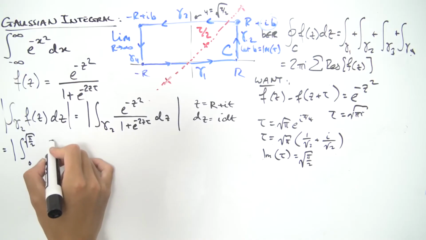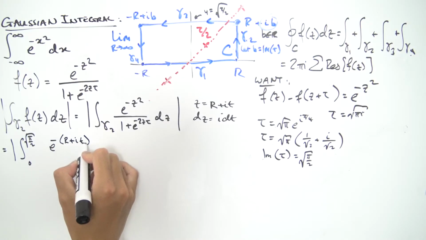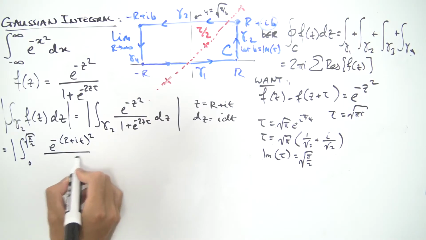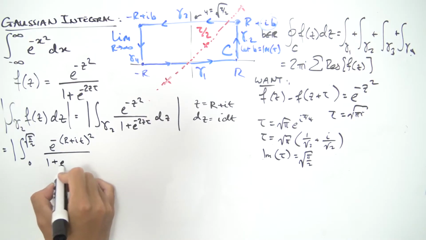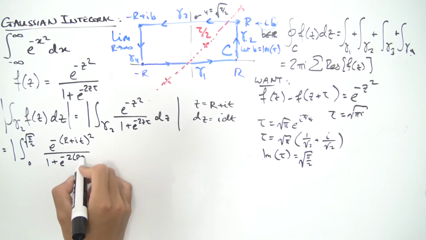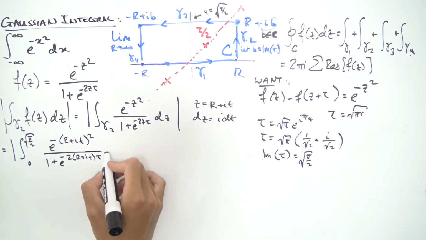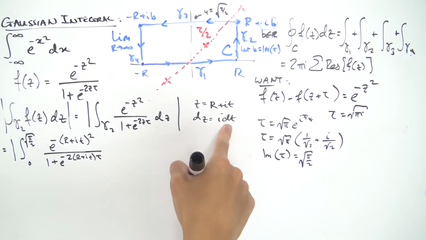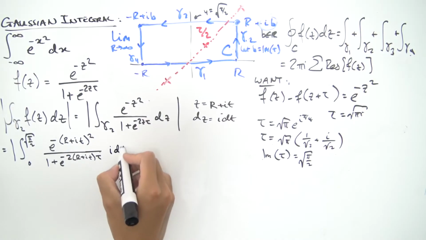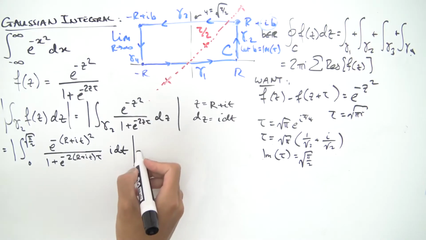So we're going to have e^(-(r+it)^2), divided by 1 + e^(-2(r+it)τ), and this is integrated with respect to t, so we're going to have i times dt as well, all in absolute value.